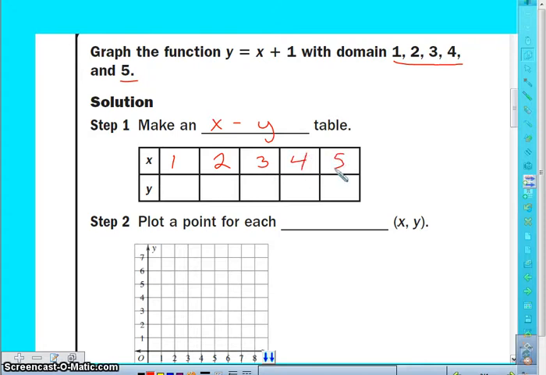Remember, domain is the x. When we put a 1 in for x, 1 plus 1 is 2. When we put a 2 in, that would be 3, then 4, 5, and 6. We're going to plot a point for each coordinate.